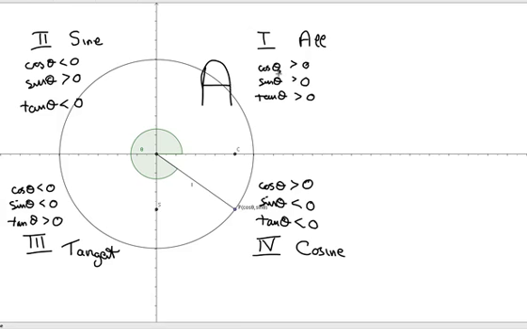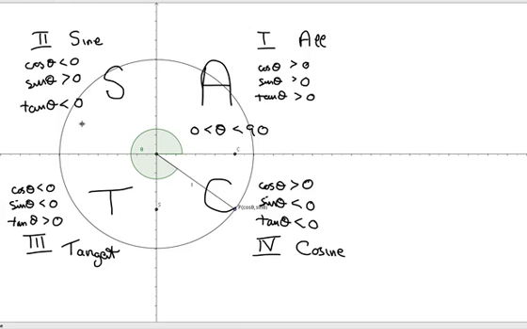Sine, cos, tan are positive in the first quadrant. Sine is the only positive one in the second quadrant. The tan is the only positive one in the third quadrant, and the cosine is the only one that's positive in the fourth quadrant. And remember, the range we've got here is that theta in this case goes from 0 to 90.